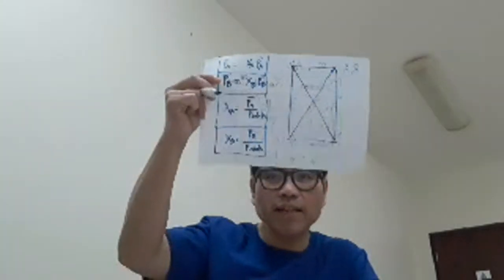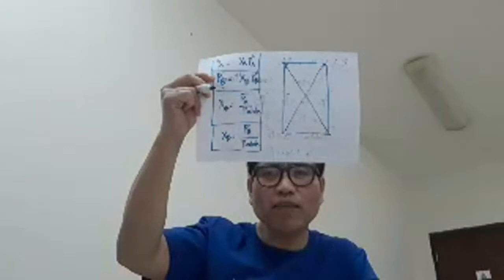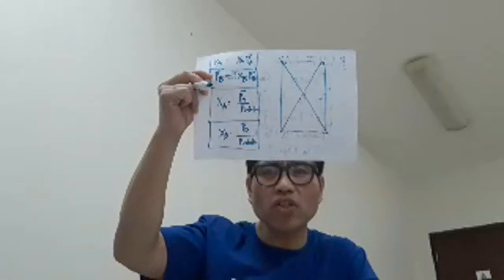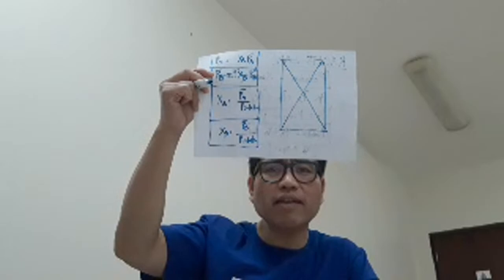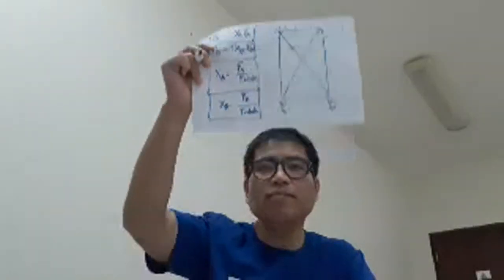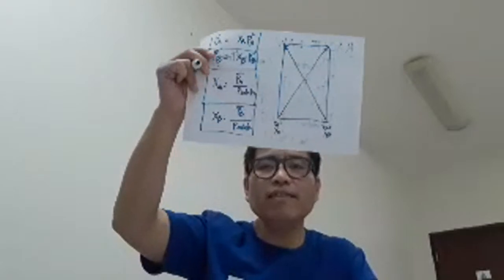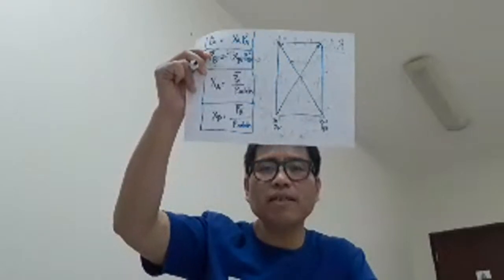After plotting the values of the mole fractions XA and XB, XA and XB are always like that, on the x-axis.